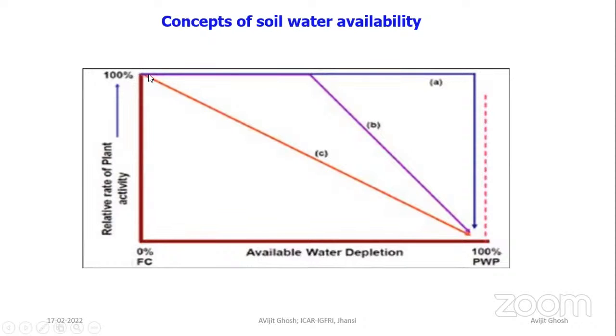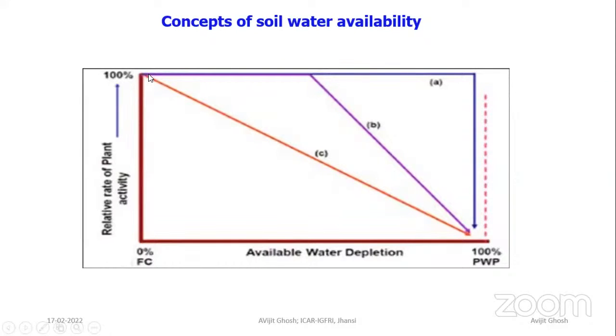In this range, plant water availability is constant, that is, any amount of water present in this range will be available in equal amount to the plant. But it is not true, as the soil water content decreases gradually, the availability also decreases gradually.